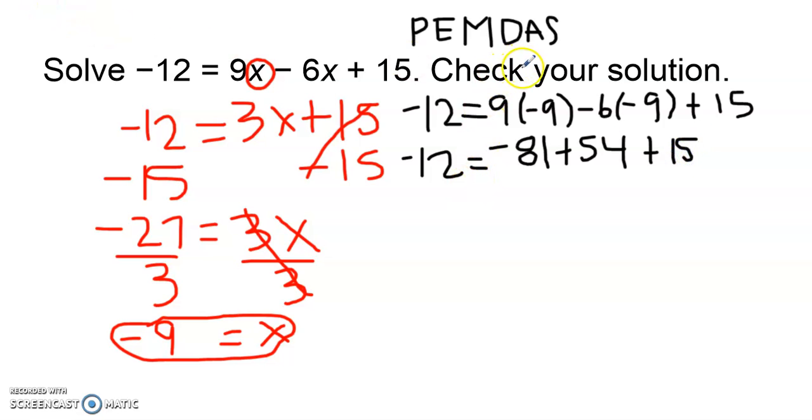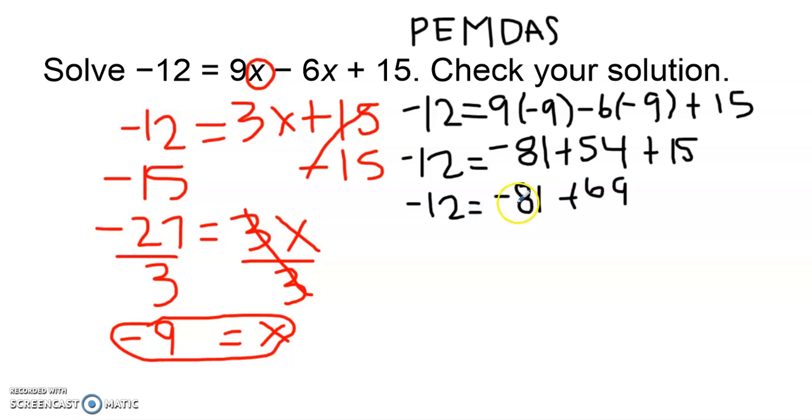Now we just need to do the rest of our adding and subtracting. So we'll go ahead and do 54 plus 15, and that's positive 69. Then we'll bring our negative 81 down and our negative 12.